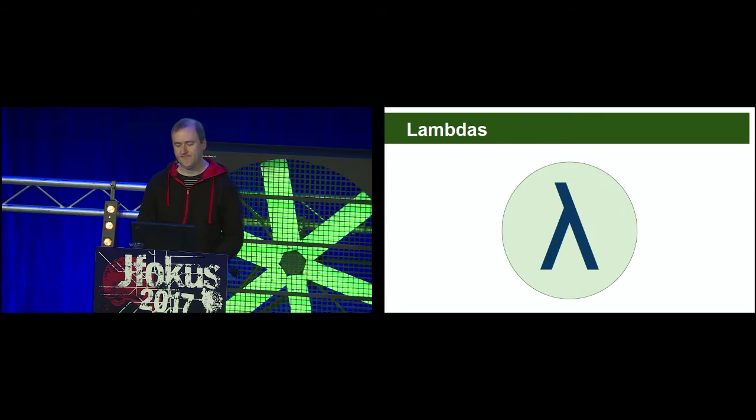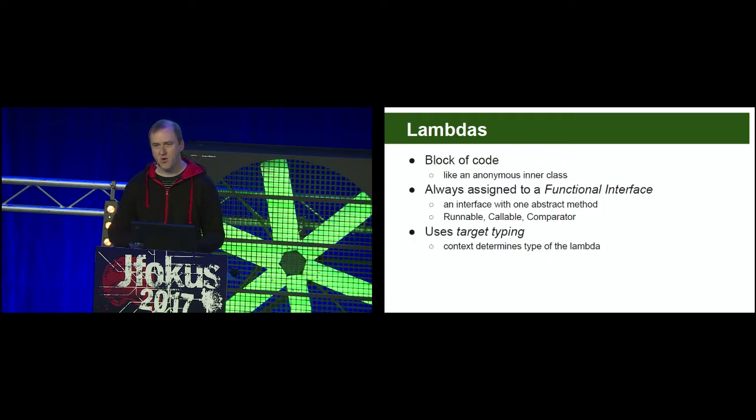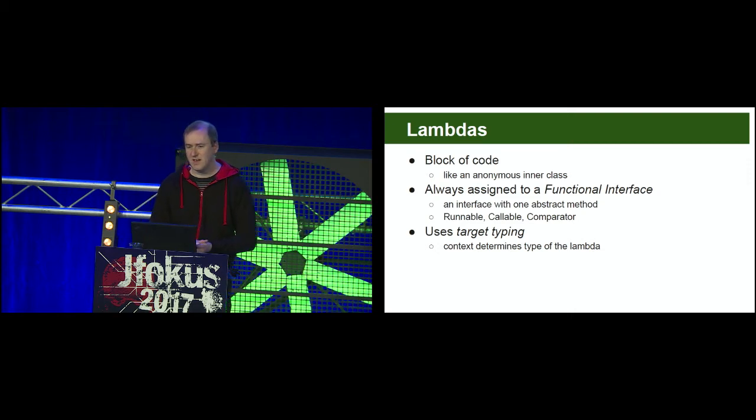Right, lambdas. So probably most of you have picked up what a lambda is by this stage. It's an anonymous inner class, kind of. It's assigned to a functional interface, so an interface that has one abstract method. And we've got lots of these with Runnable, Callable, Comparator, which we had already.